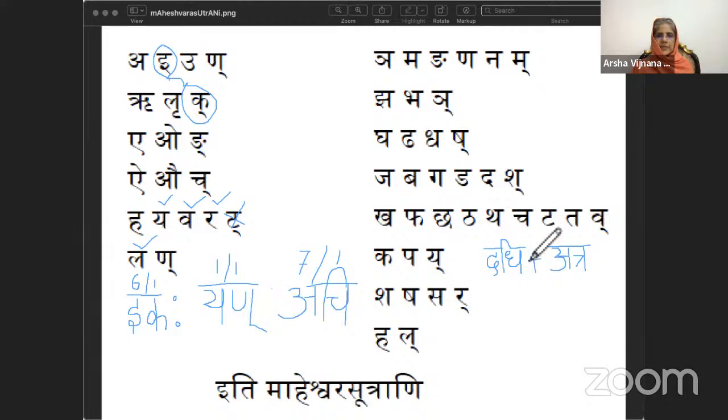of this particular i. Is it cerebral? No. Is it guttural? No. Is it nasal? No. What is it? It is palatal.